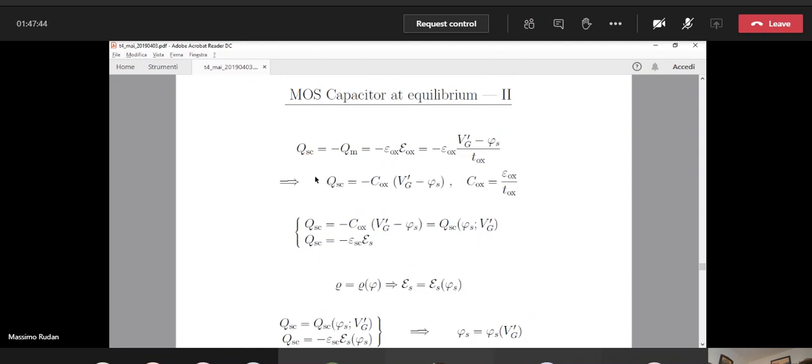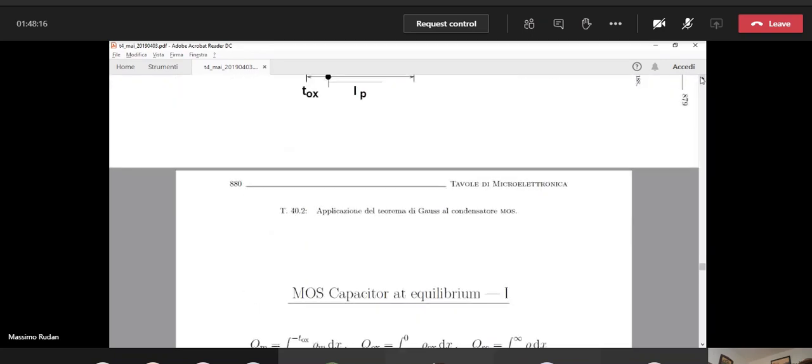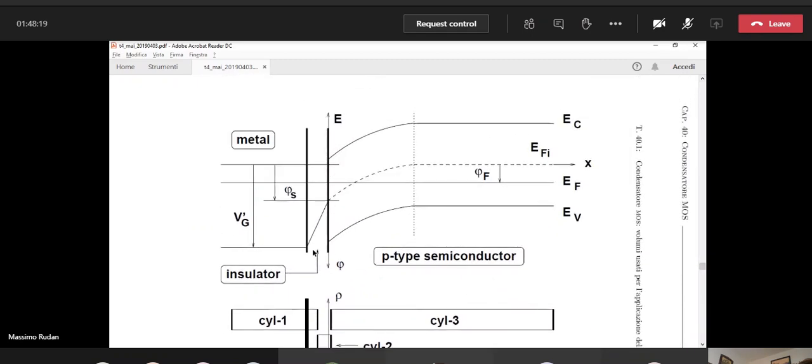Because it is found by using the Gauss theorem on the side of the metal substantially. In the flat band condition, phi s is 0, and also QSC is 0. You have 0 potential, 0 field, 0 charge. That implies that Vg prime must be 0, which is obvious from the figure. Vg prime goes to 0 and drags phi s to 0 as well, okay?